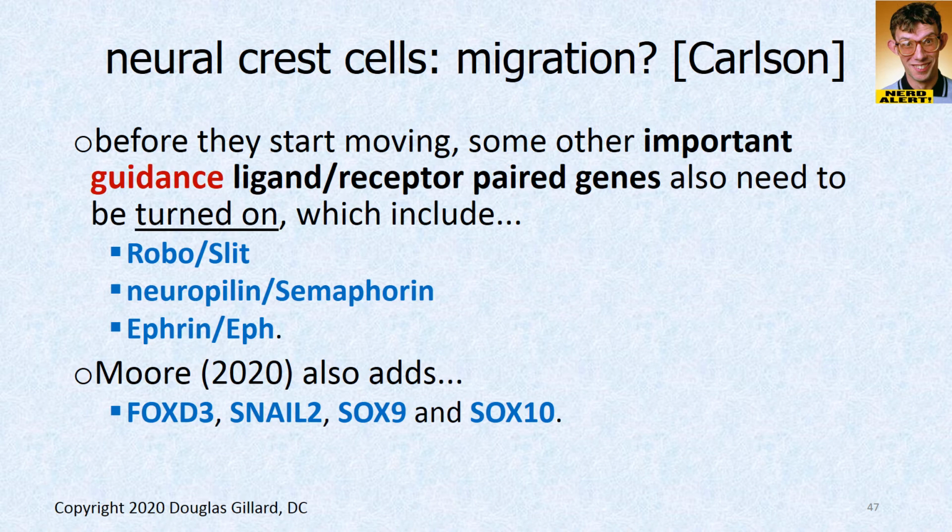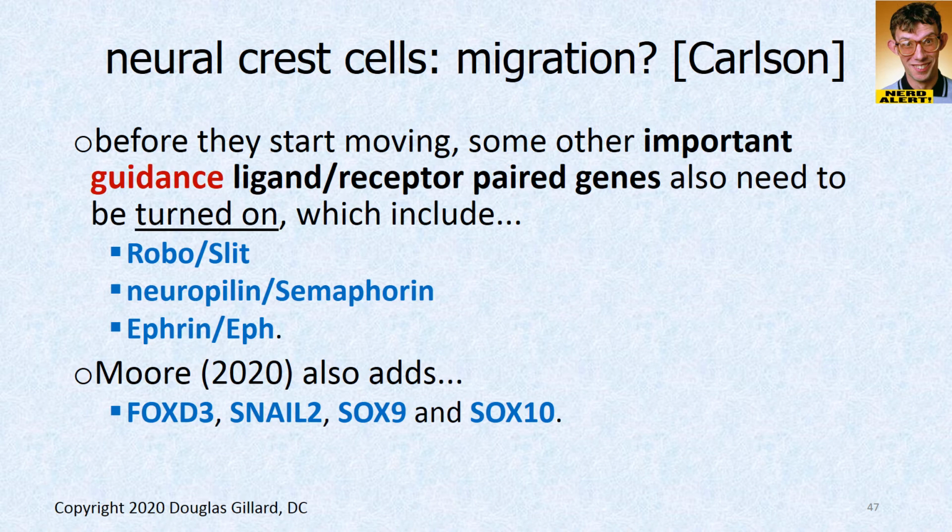Let's see, and there's even deeper we can go. So before they start moving, there's some other guidance, ligand receptor pairs that have to be turned on that help guide them to where they're supposed to go. We have a protector, but how do they even know where to go? So the Robo-Slit, and the ligand would be Robo, the receptor would be Slit, but the receptors are also made by genes.